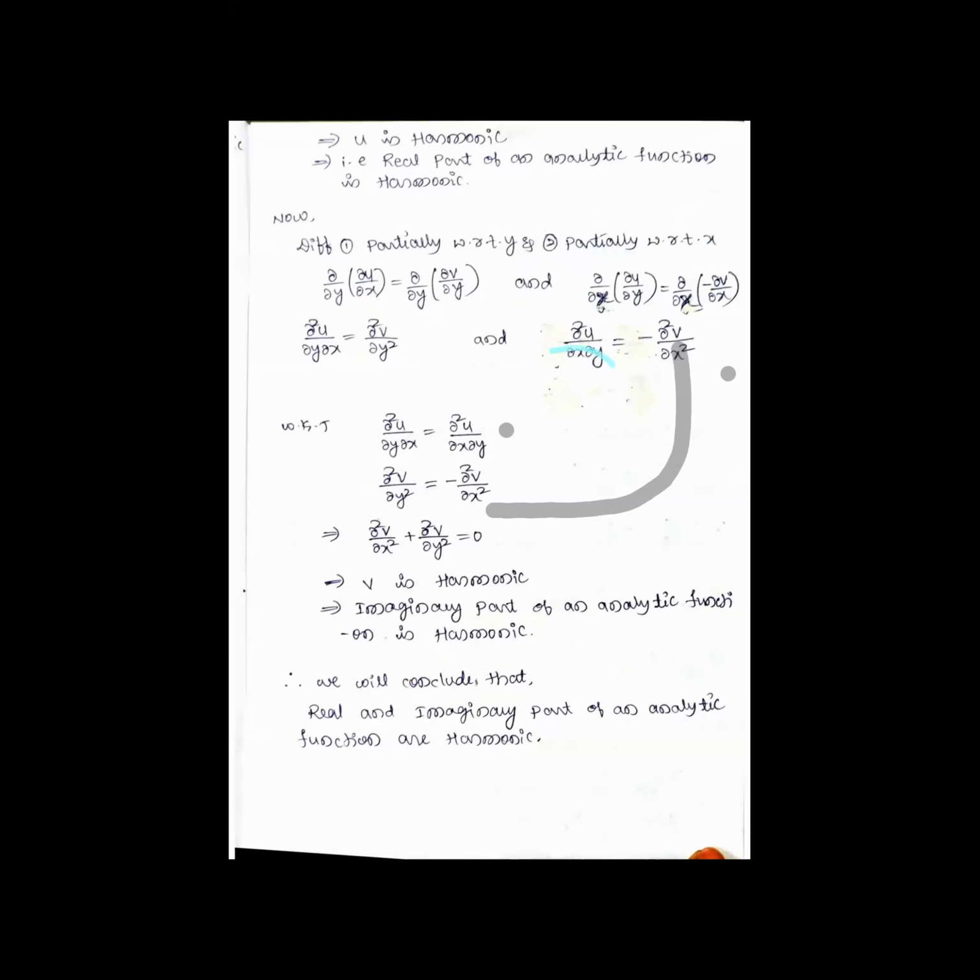So dou square v by dou x square plus dou square v by dou y square is equal to 0. So this means, according to the harmonic function, v is harmonic because you can see v is there here. V means the imaginary part of an analytic function is harmonic. So therefore we can conclude that the real and imaginary parts of an analytic function are harmonic.